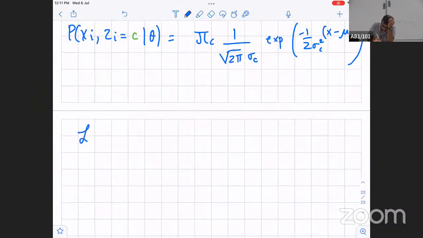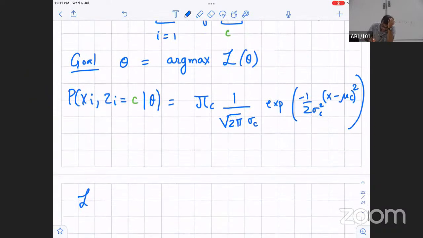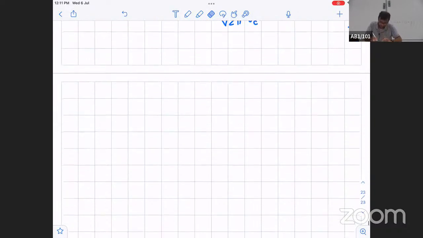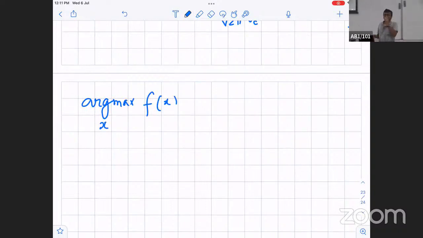First of all, some background about optimization. Let's say I want to find the argmax of a function. Why is it that we take the derivative here? Why do you take the derivative to find the maximum of a function?